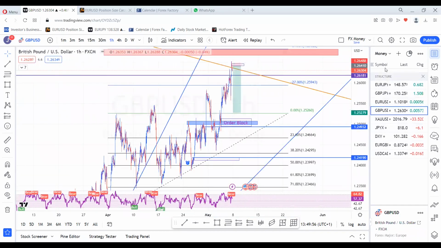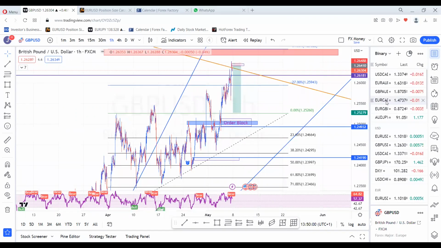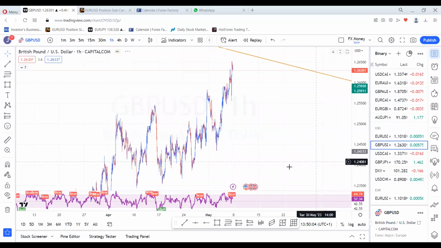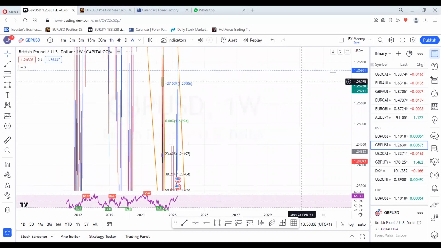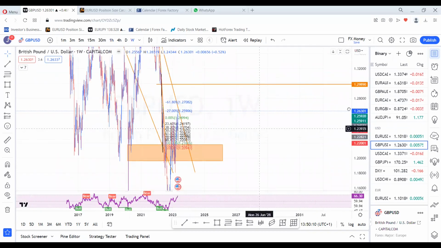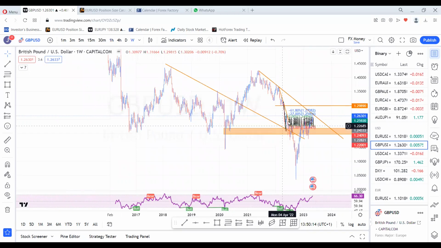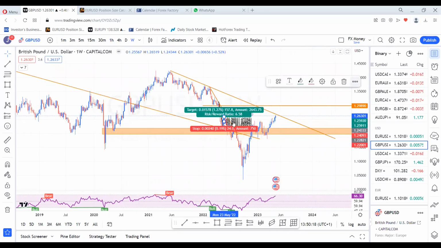I'm going to go to a different chart entirely. Okay, good. So let's start from the weekly, guys. Together, why do I have a sell? If you look at this, let me try and remove some of this.